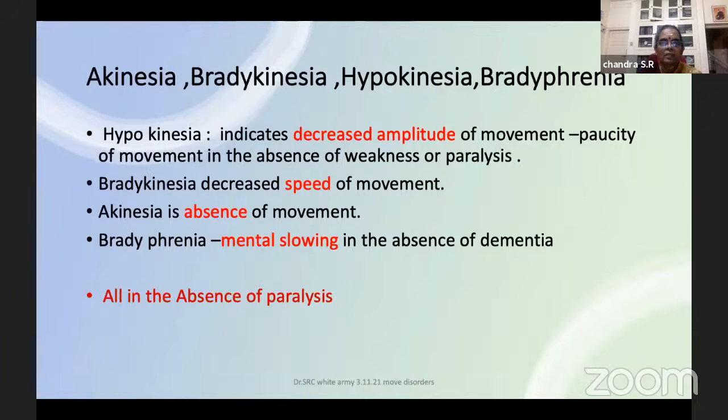All this happens in the absence of paralysis. If the amplitude is reduced and the limb is paralyzed, it is not hypokinesia. If the speed is reduced and the limb is paralyzed, it is not bradykinesia. So all these things happen in a non-paralyzed limb. The limb is not paralyzed; then hypokinesia, bradykinesia, akinesia, and bradyphrenia are applicable.